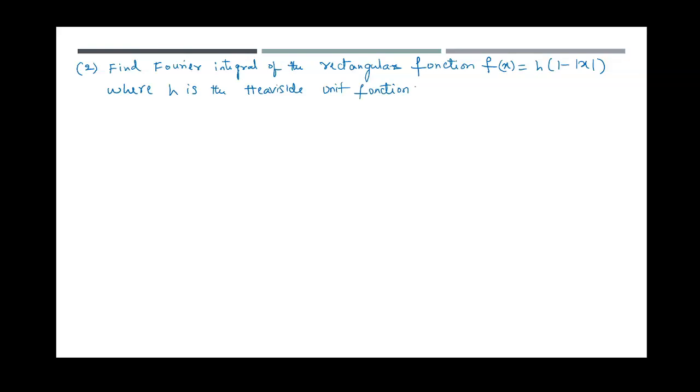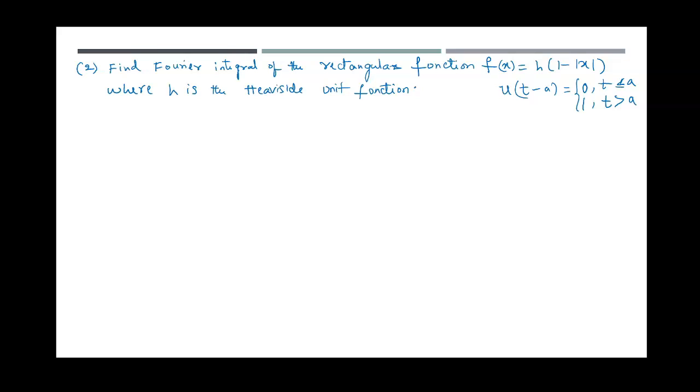Here, by the definition, u of t minus a equals 0 for t less than or equal to a, and 1 for t greater than a.